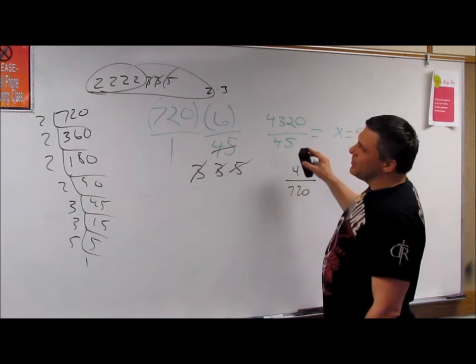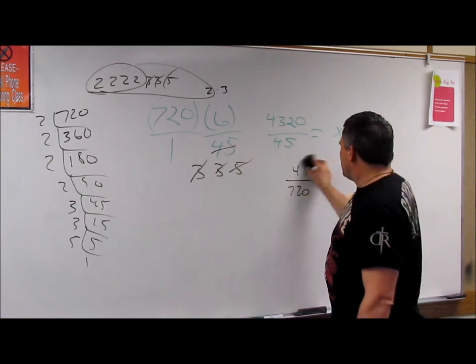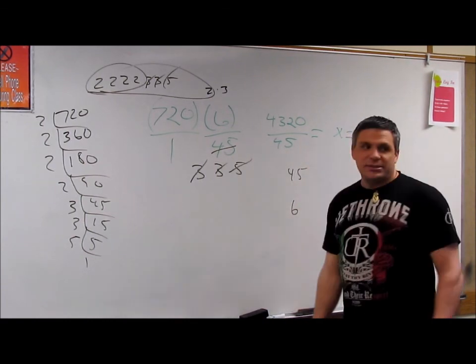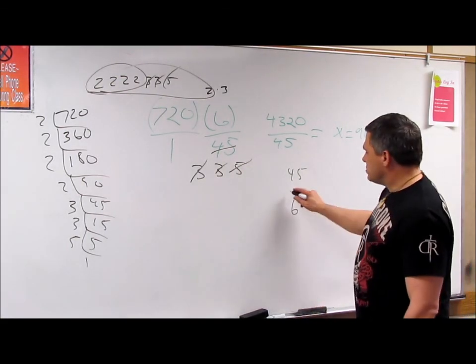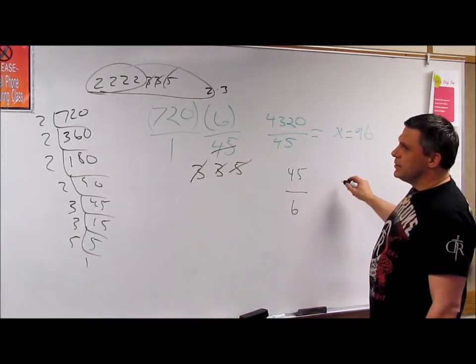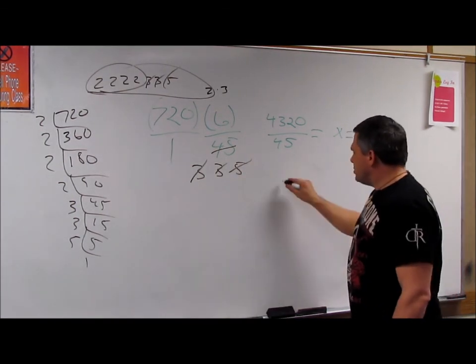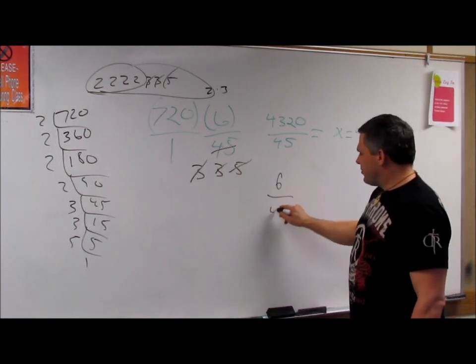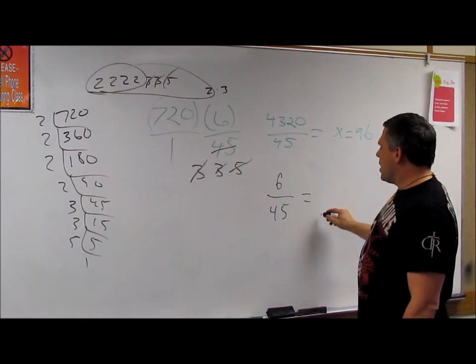Not a really good way to set it up. No? Well, sure, why not? You said that 45 got smashed into 6. I wrote it the other way: 6 on top, 45 on bottom. I don't see where you got this from the problem.